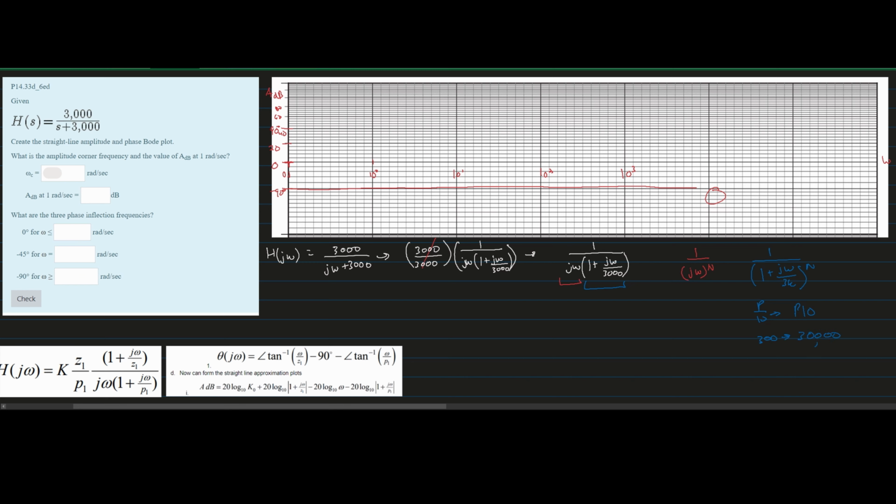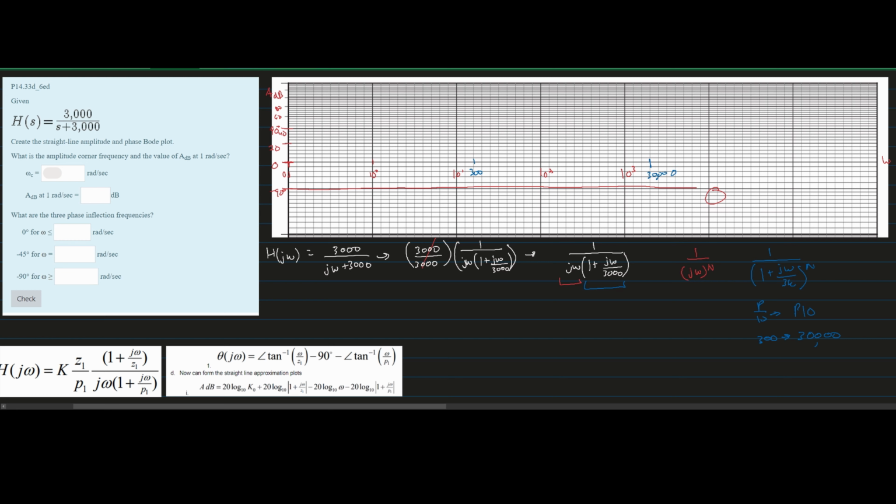And so these are our 2 points. Looking on the graph, our 300 is approximately right here, and then our 30,000 would be somewhere along the lines of right here. And so looking at this, we can now graph our part.